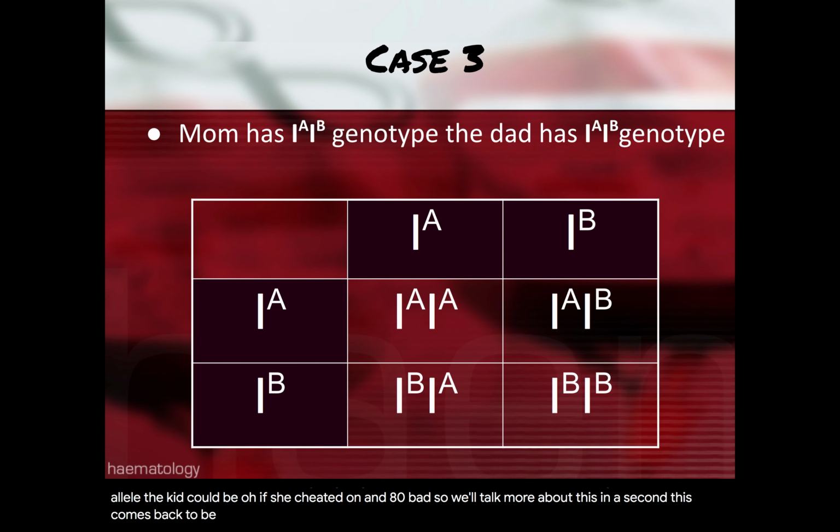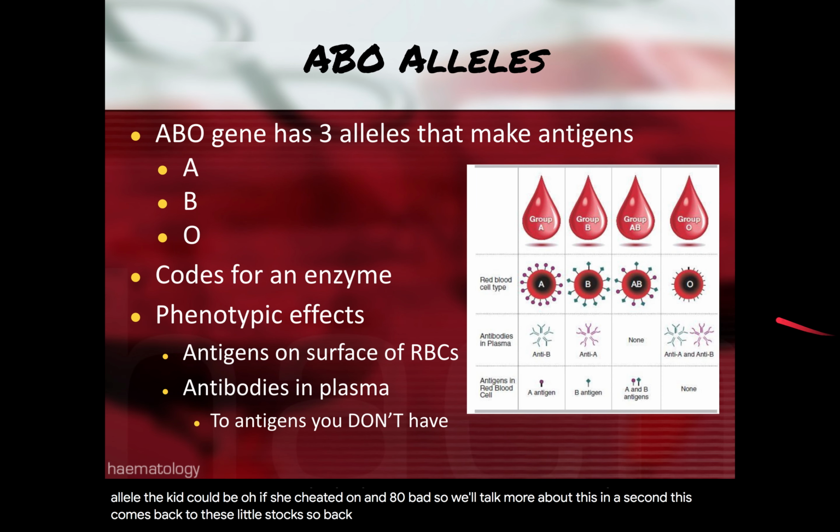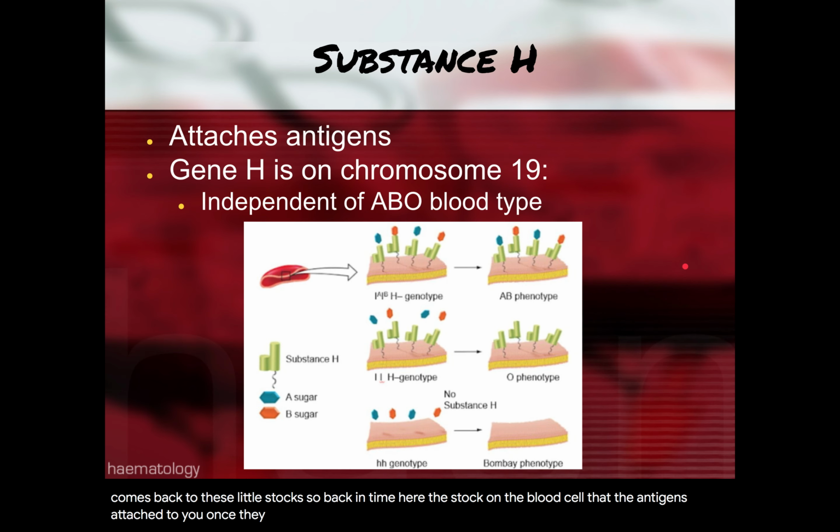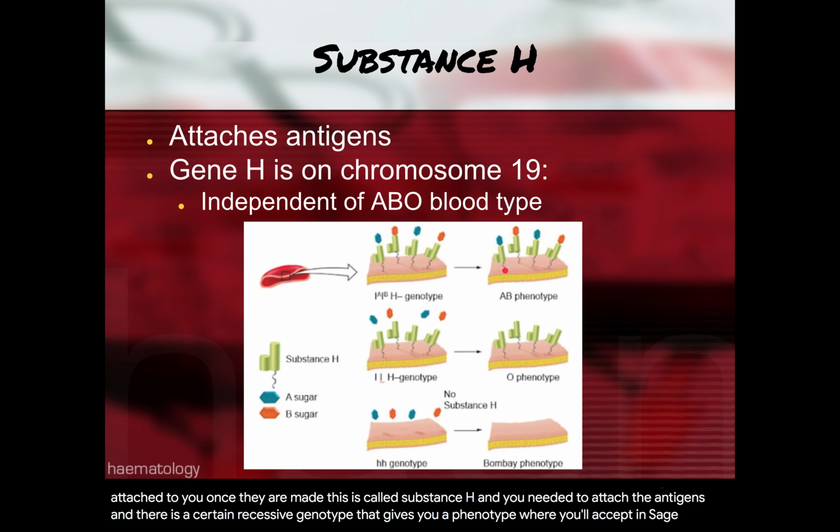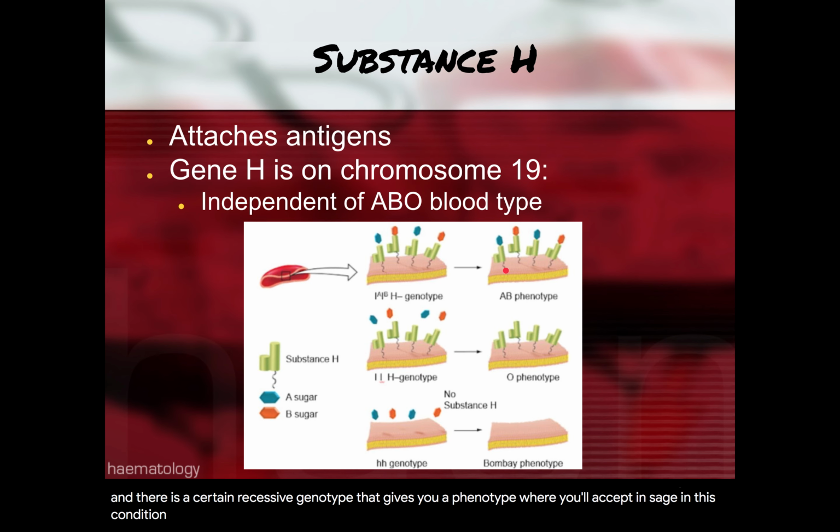This comes back to these little stalks. So back in time here, this stalk on the blood cell that the antigens attach to once they are made. This is called substance H. And you need it to attach the antigens, and there is a certain recessive genotype that gives you a phenotype where you lack substance H. In this condition, people can produce A and or B antigens, but not have them attached to their red blood cells because they lack the stalk that connects them.